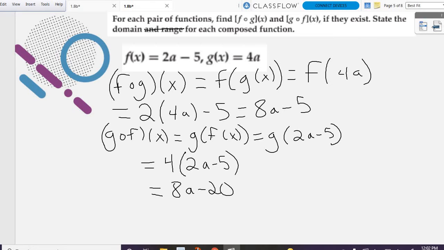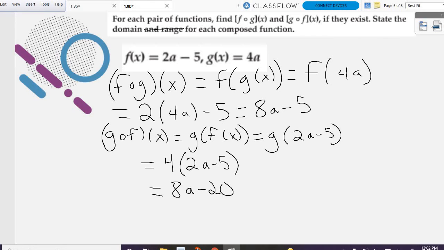Alright, and then it asks us if there's any domain restrictions. So remember that with our operations, if I have any restrictions for either of my two functions that we're combining, those still have to be restrictions for the end function, okay? But does F or G have any domain restrictions?